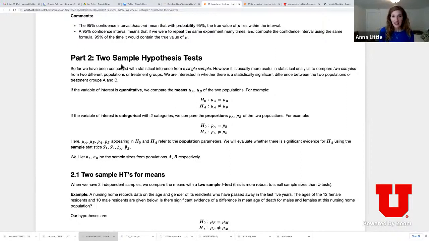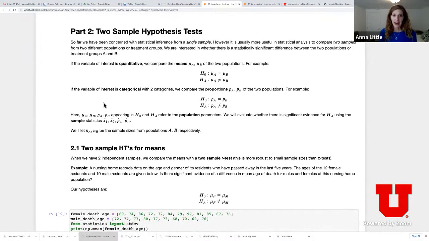What we did last time was statistical inference for a single sample. However, a lot of times in statistics, you're really more interested in making comparisons between 2 different populations or between 2 different treatment groups. So probably even more important is our 2 sample hypothesis tests.